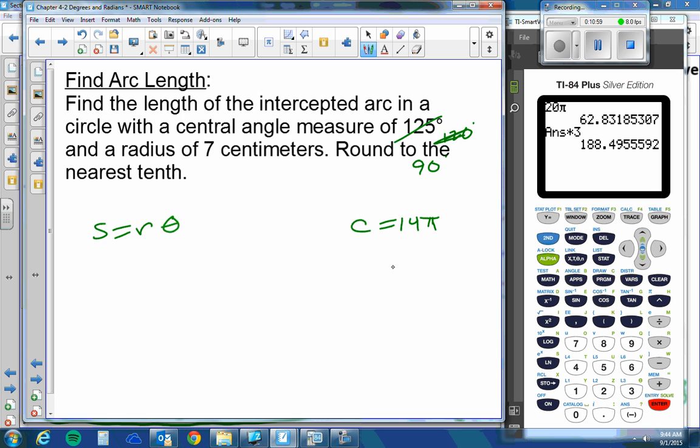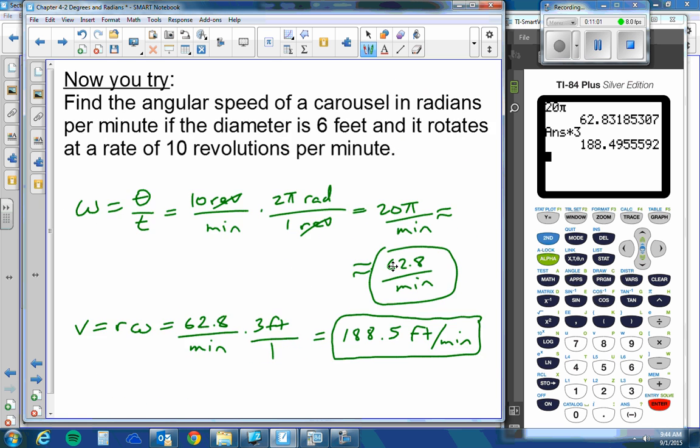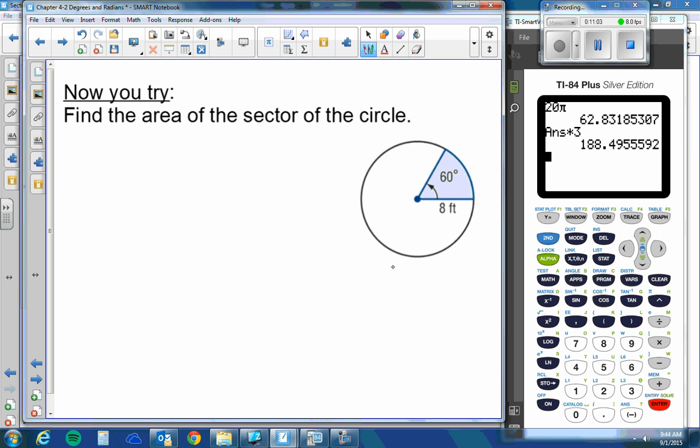And so the next example, going back to the area of a sector, is 60 degrees. I'm doing it without a formula. What is the total area of the circle? Pi r squared gives you 64 pi. So the answer to the question, which is what is the area of this part, is just a sixth of that.